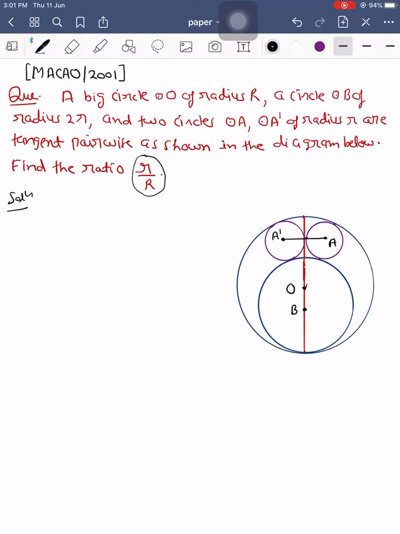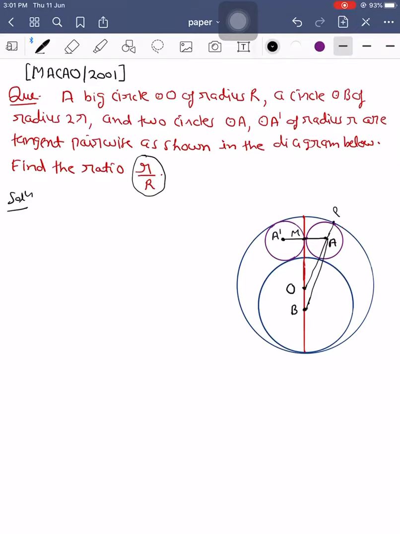Now if we join the center O with center A and extend it, suppose its point of intersection with the big circle is P, and suppose the point of contact of these two smaller circles is M, and also connect the point B to the point A.